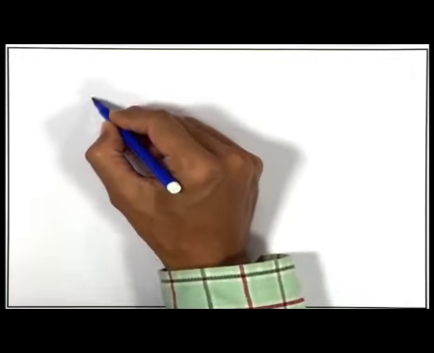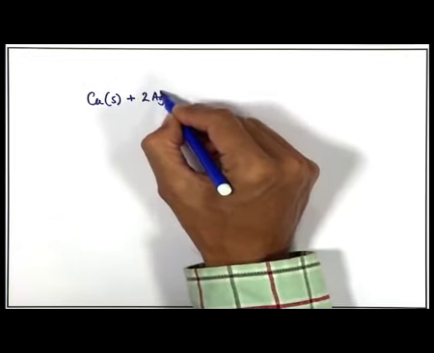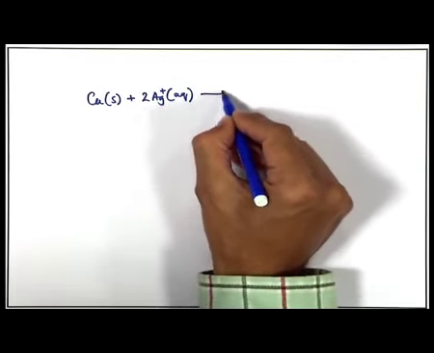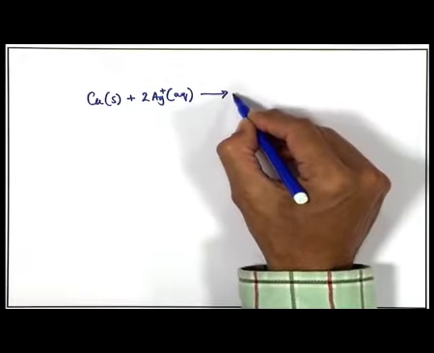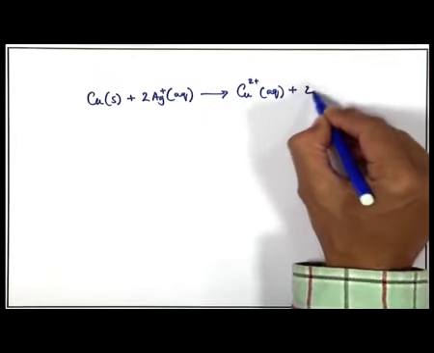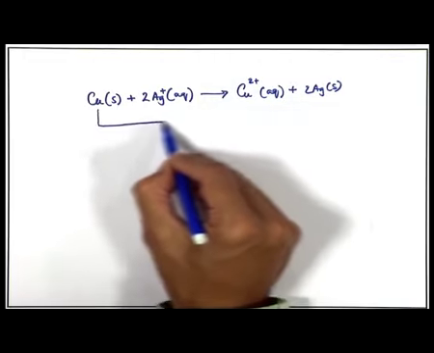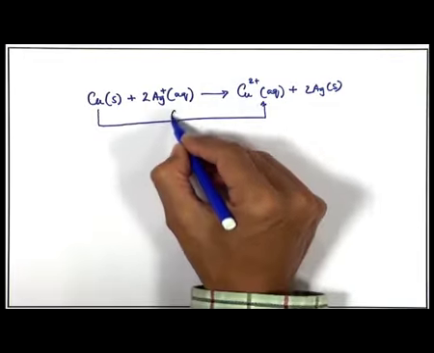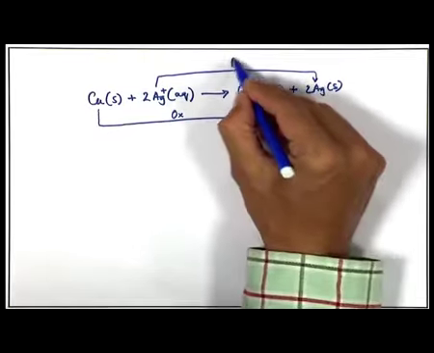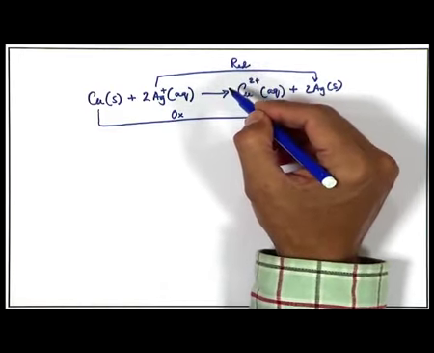Let us take the example Cu solid plus 2 Ag plus in solution phase, that gives you Cu2 plus and 2 Ag solid. This is the oxidation process and this is the reduction process. So, redox, these are coupled processes.